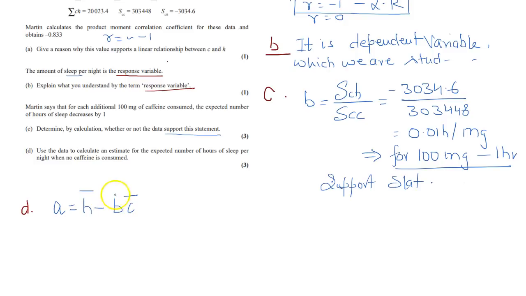So we have H is what? Sigma H is 126 and total we have 20.